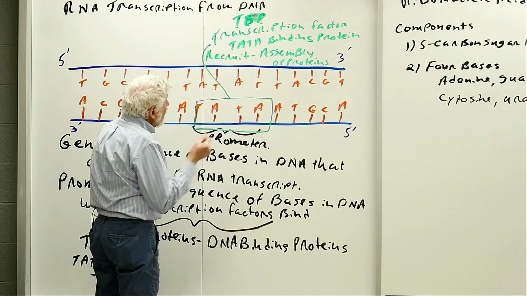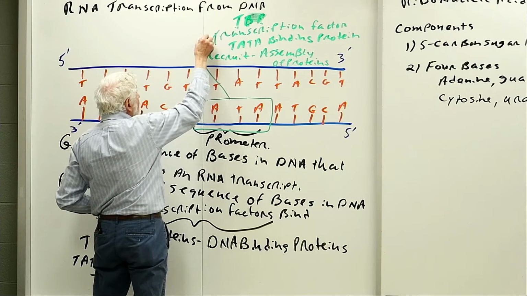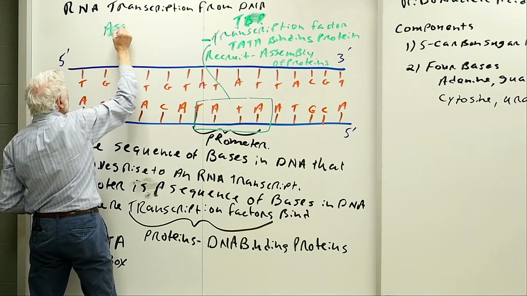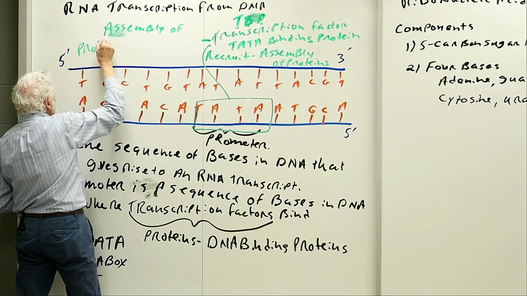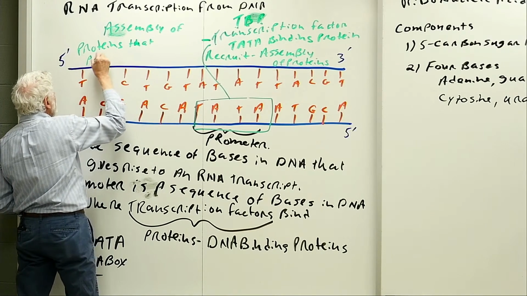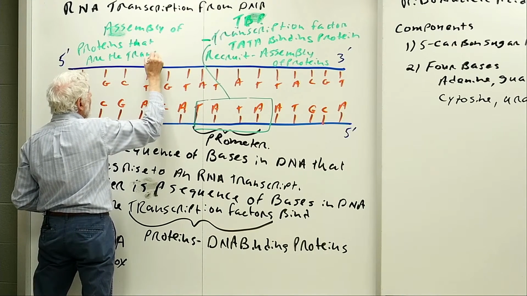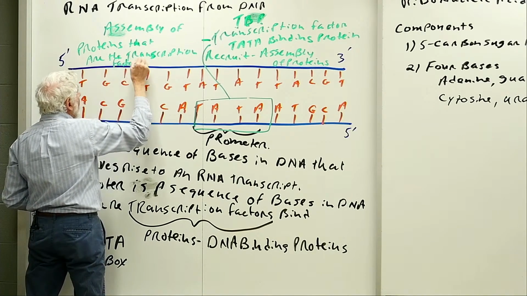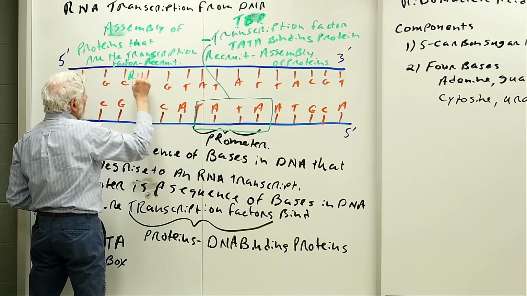This lump of proteins, in addition to the TATA binding protein, this transcription factor, let me be a little more accurate and say an assembly of proteins that are the transcription factor, recruit RNA polymerase.